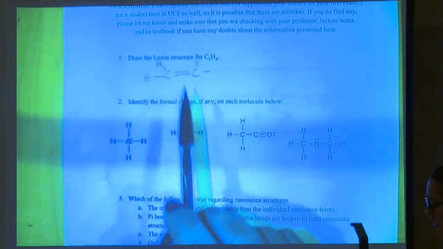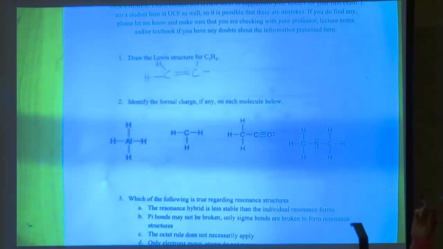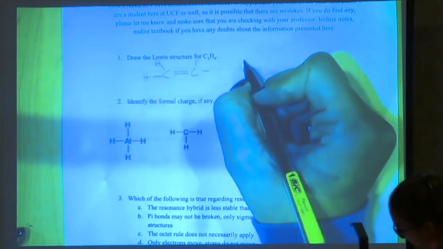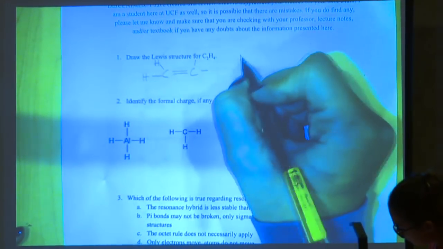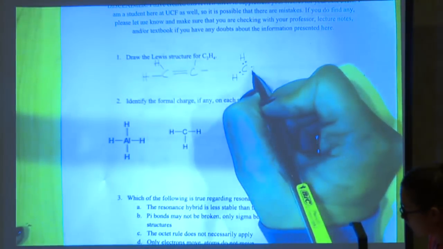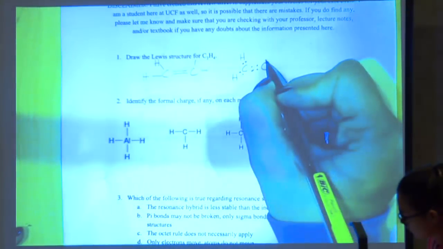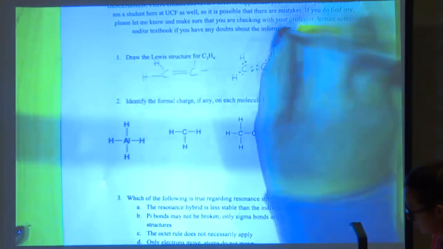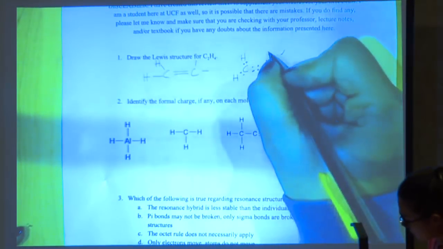And what would that look like if we were drawing the actual electron pairs of the bonds? Two of them on each carbon go to hydrogen. The other two on each carbon go to the other carbon, so they're sharing 4 electrons between each other, and each carbon shares 2 with each hydrogen. Good.